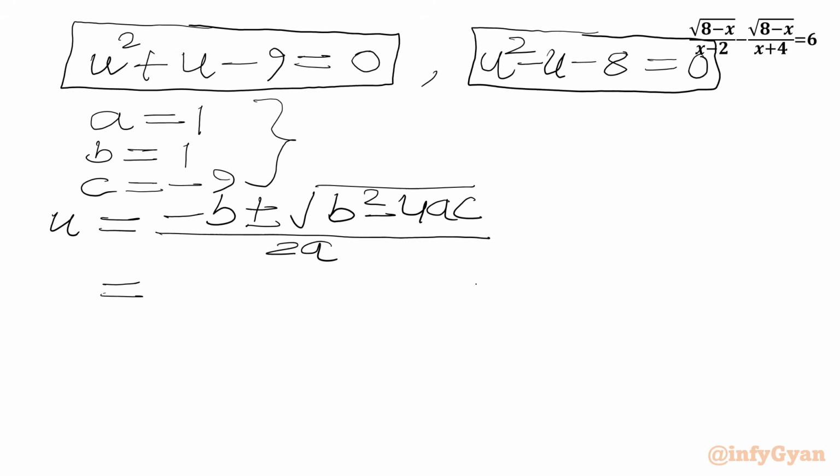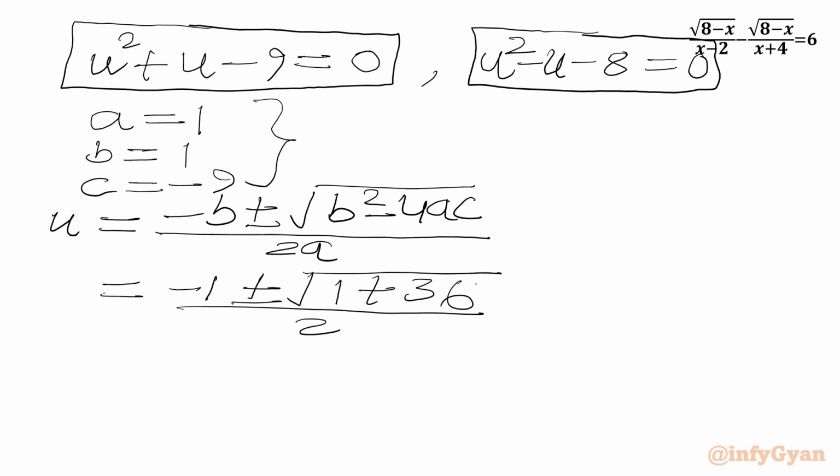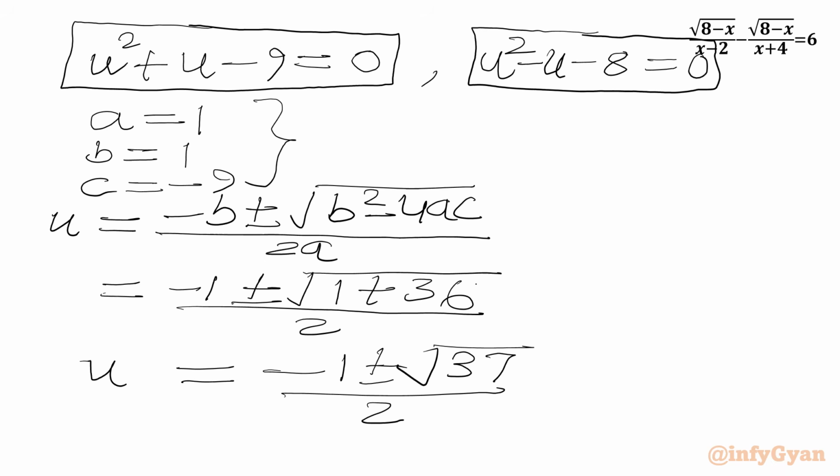We will get minus 1 plus minus square root of 1 square, 1, minus 4 times 1 times minus 9, plus 36, over 2 times 1, so 2. So we have u equal to minus 1 plus minus square root 37 over 2. Two real values of u.